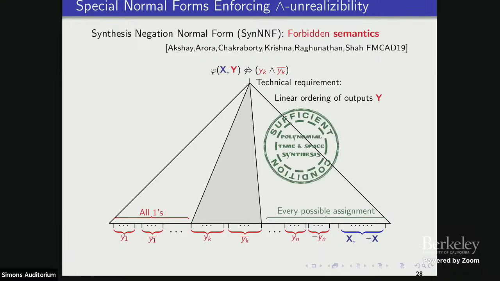And this also turns out to be a sufficient condition. And interestingly, this condition is far weaker than the condition that, for example, a BDD ensures, a DNNF ensures this. But this condition turns out to be far weaker, so much so that we can get exponential gaps in the representation size.